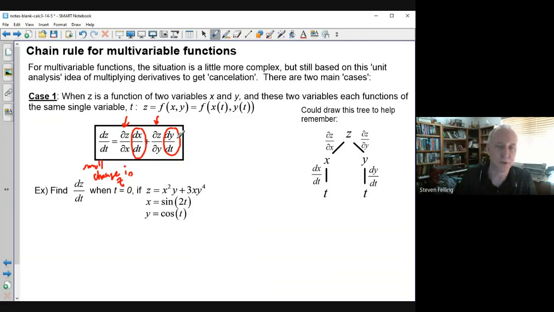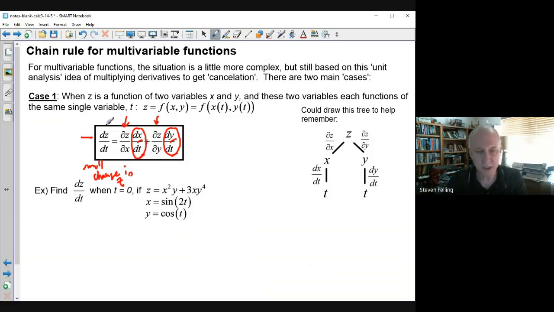And then also separately take, well, how much change in y is there for the change in t that I'm imposing, and then multiply that by something which is measuring how sensitive z is to changes in y, right? So the change in z comes about from a change in x when we change t and a change in y when we change t that are each scaled by how much those changes affect z.